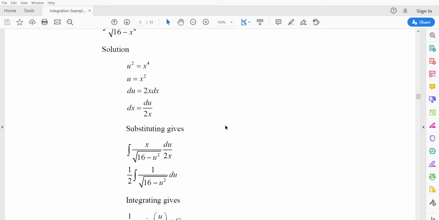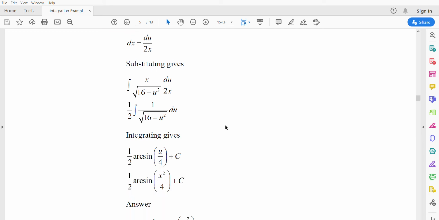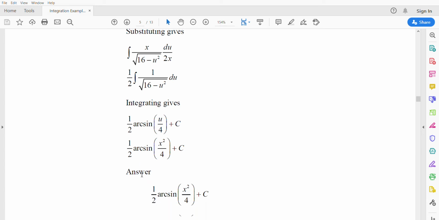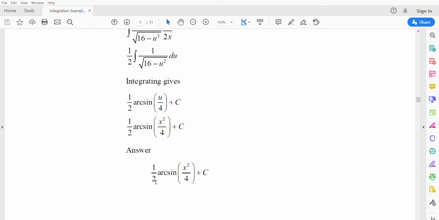This is going to use my arcsine formula, so I'll have 1/2 times the arcsine of u over 4 plus a constant. And u was equal to x squared, so I get 1/2 times the arcsine of x squared over 4 plus a constant. And that's my answer.